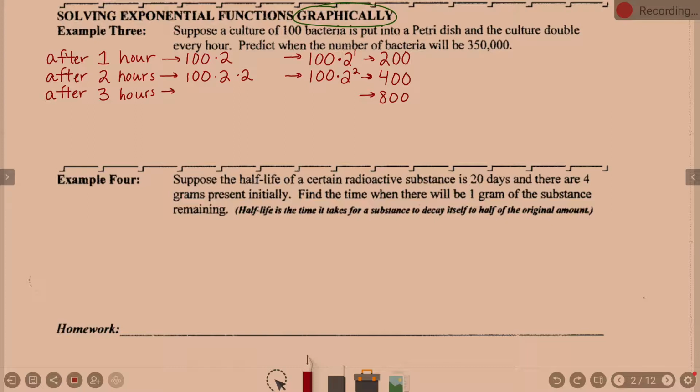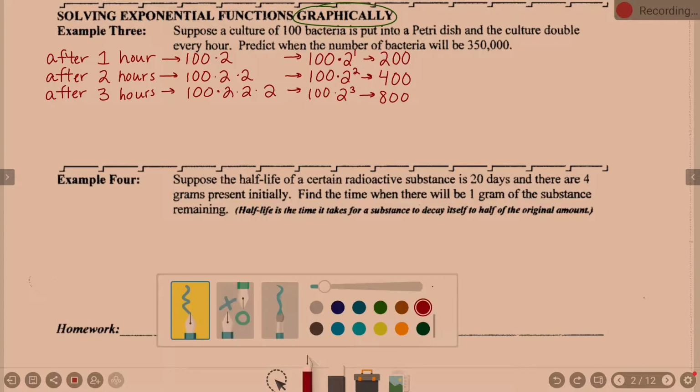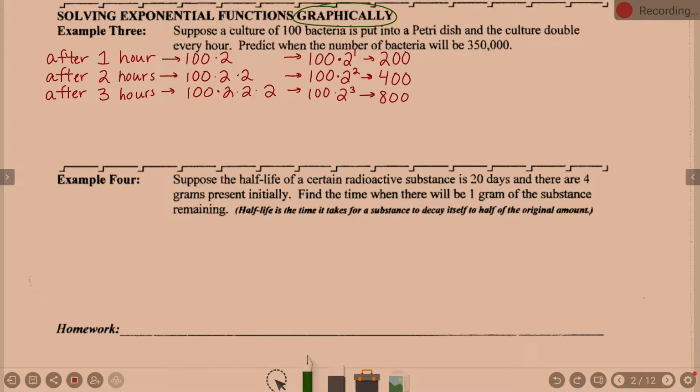But how do we really get to that 800? Pretty much, it's the original 100 times 2 the first hour, times 2 the second hour, times 2 the third hour, which as you're seeing is 100 times 2 to the third. So, do you see an equation here?